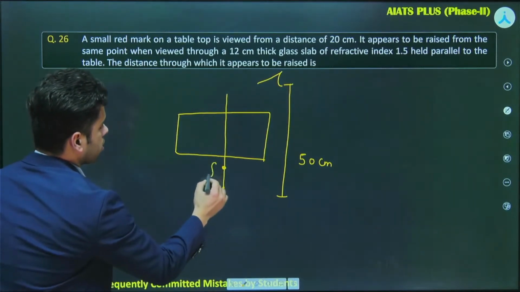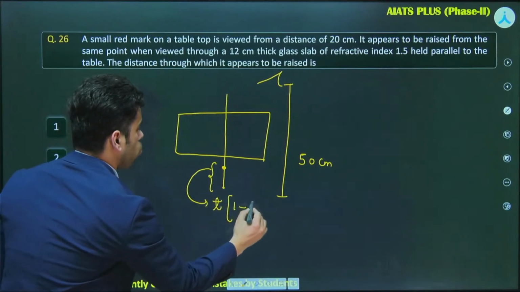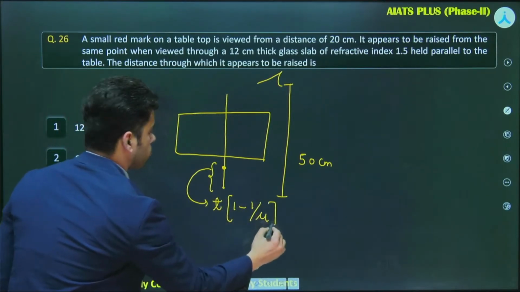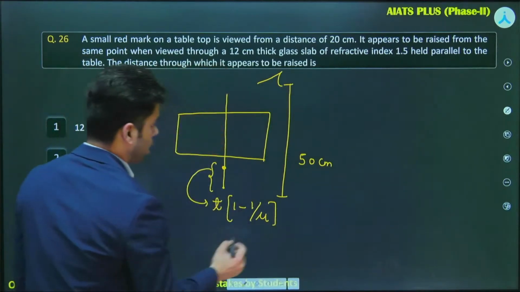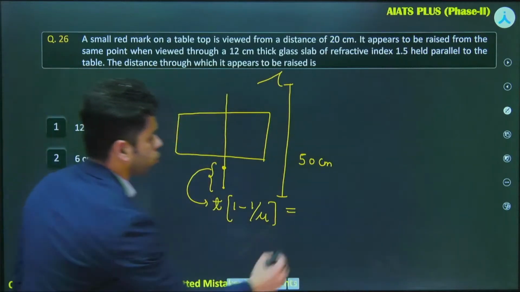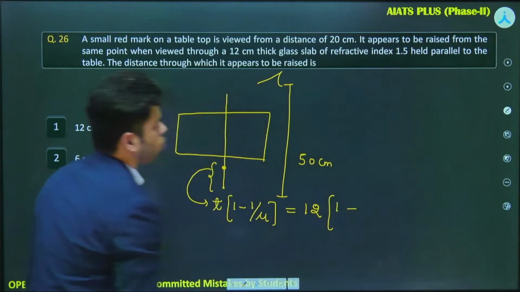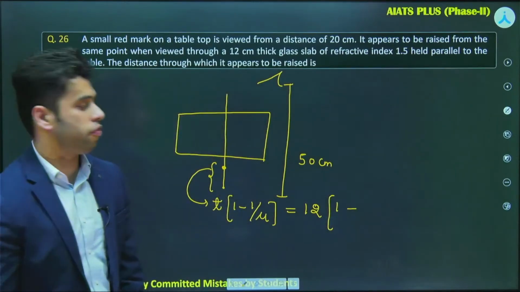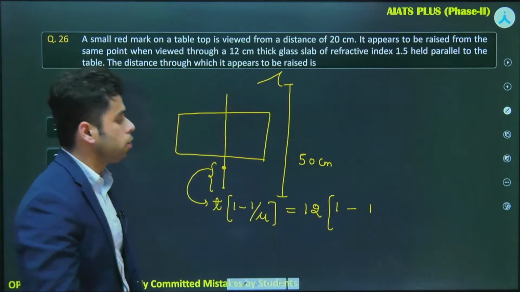This distance should be equal to T into 1 minus 1 by mu. Let me calculate this for you. What is the thickness of the glass slab? It is 12 centimeter. So 12 into 1 minus 1 by mu. What is mu? 1.5. So 1 minus 1 upon 3 by 2, that is 2 by 3.